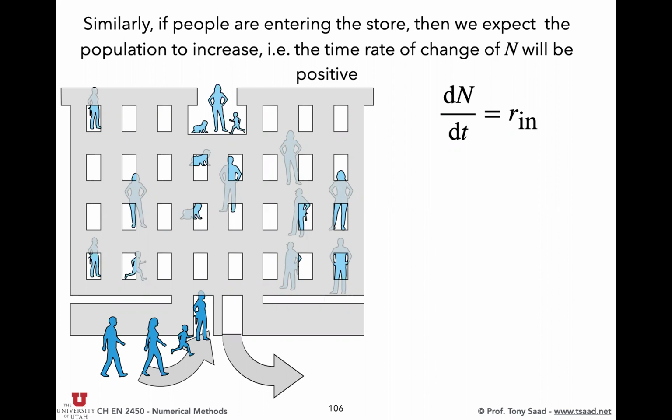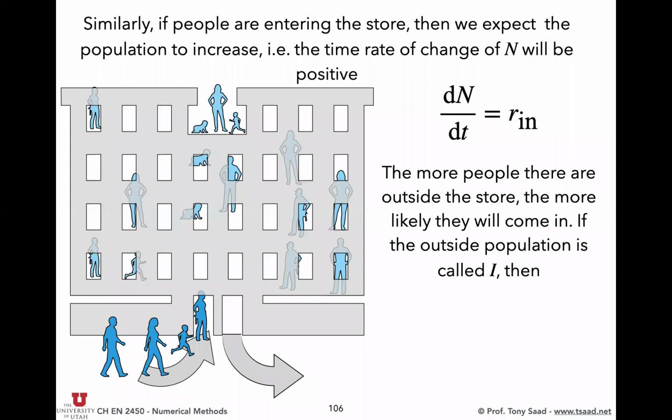So the rate of people coming in is going to depend on the population outside of the store. If we call that population I, and there's a reason for this nomenclature, then the rate of change could be said to be dN/dt equals some coefficient that adjusts that rate times the number of people that are outside the store at any time, okay?